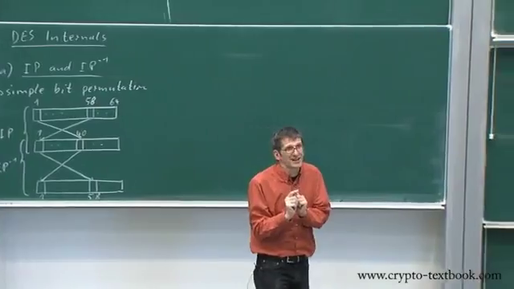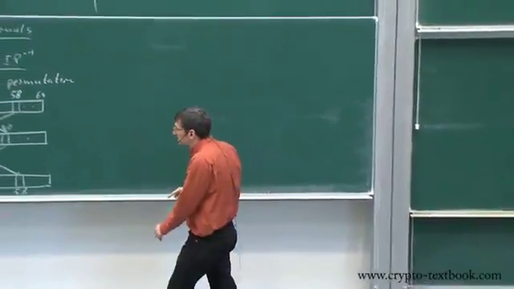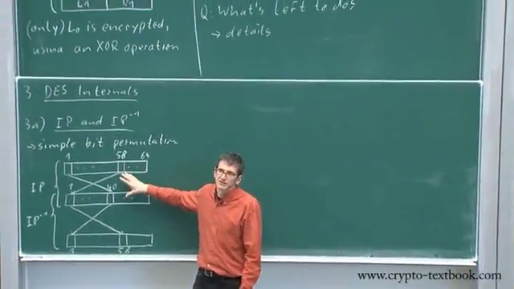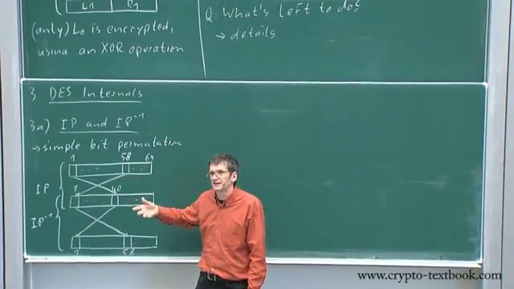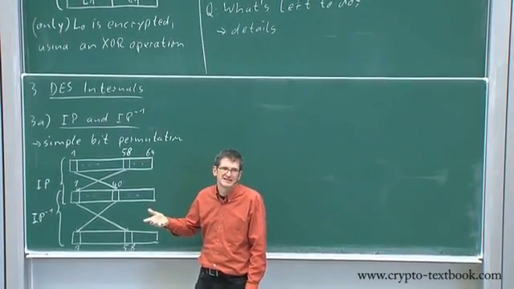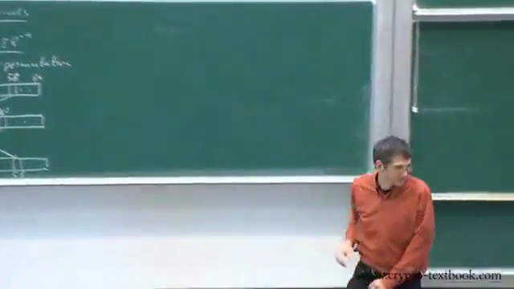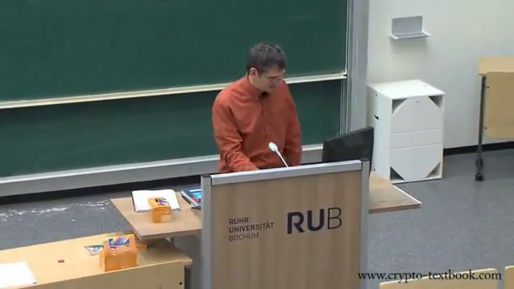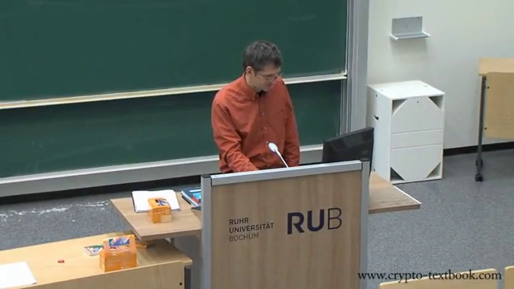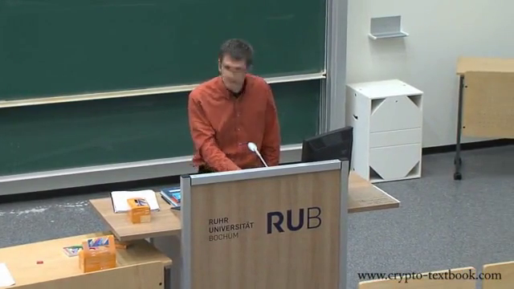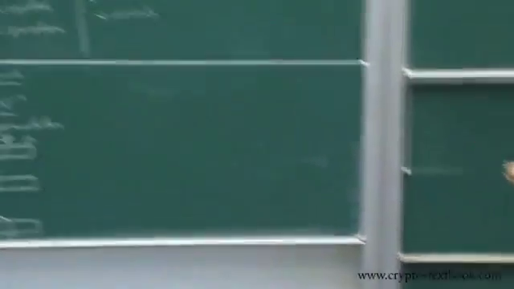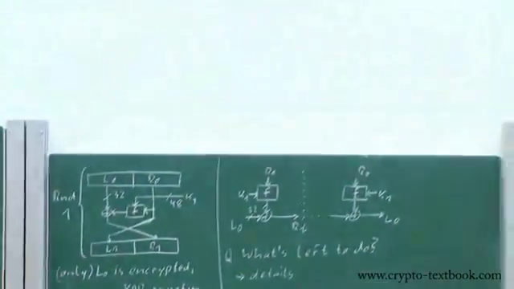It seems almost right, but the problem is these are only 2 permutations. Of course, it slows DES down a little bit in software, but only a tiny bit, okay? In particular, what we will see inside each DES round, this is the F function. You have 2 permutations.